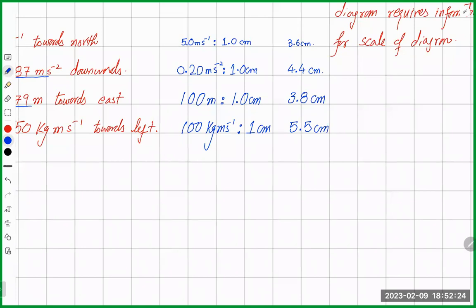So remember, scale should not be very large so that the vector becomes very small, and scale should not be very small so that the vector becomes extremely large that it cannot fit into the paper. We will be practicing some questions and you will understand what I mean.